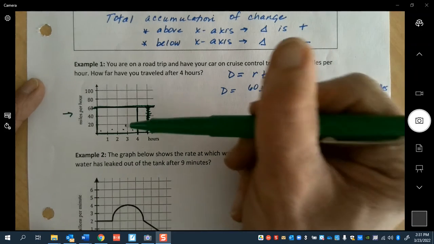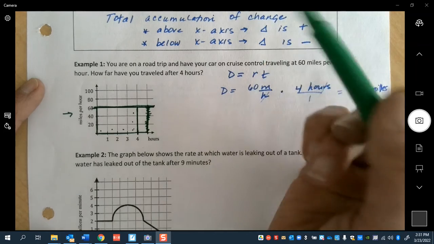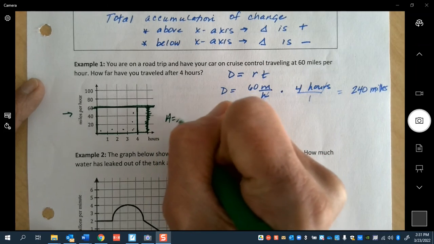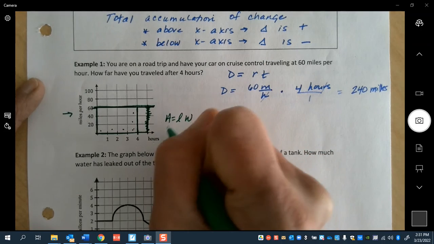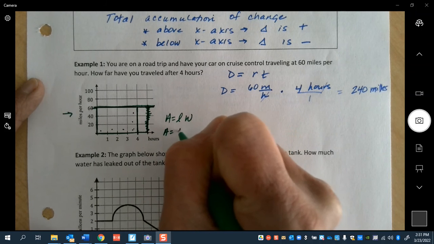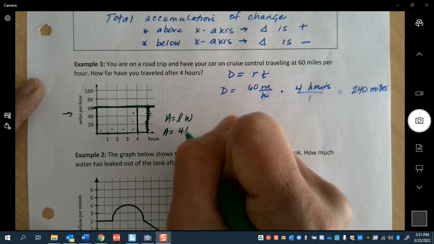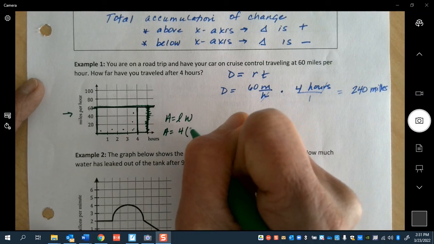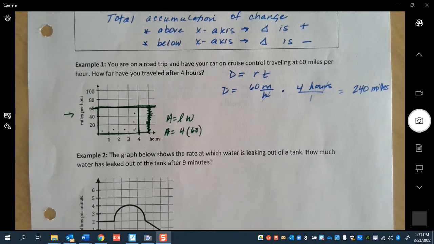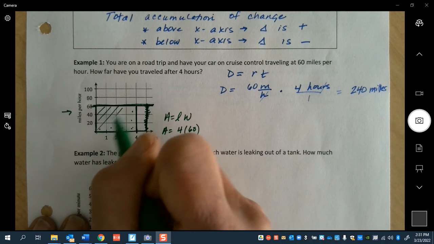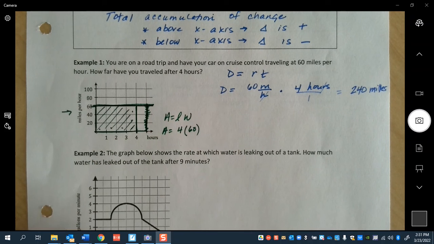Our area model that has us multiplying length times width has us going at 4 hours times 60 miles per hour. And that represents this whole area underneath our curve.